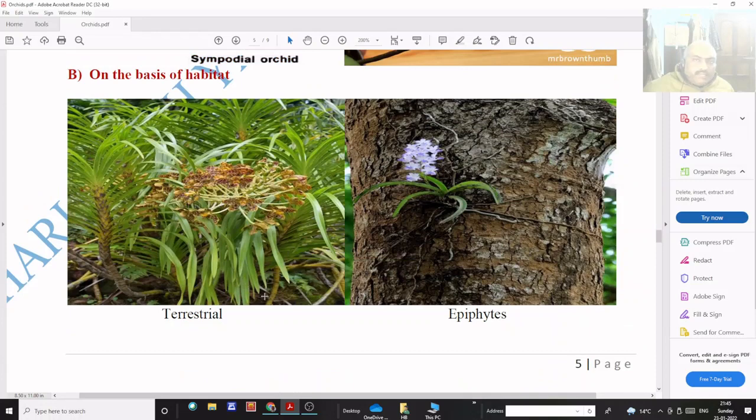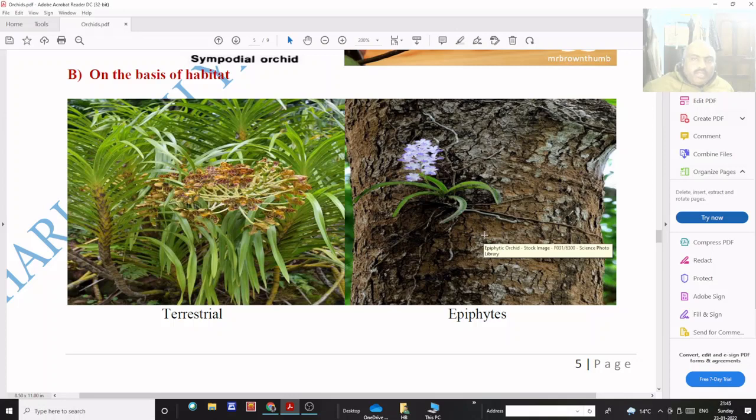As per nomenclature, terrestrial orchids grow on the soil, on the territory of the land, and epiphytes grow in the air. They are also known as air plants.